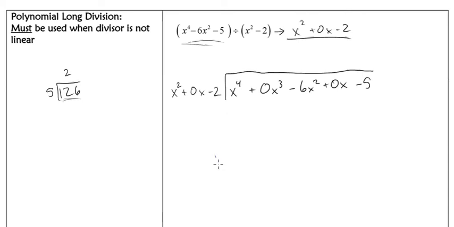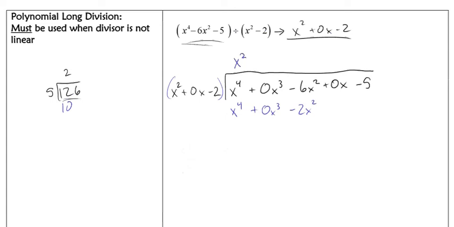So we have x squared, and then just how over here we would do 2 times 5, giving us 10, we're going to do that same process. We just need to be careful to distribute that x squared to all three terms here. So x squared times x squared is x to the fourth plus 0x cubed minus 2x squared.